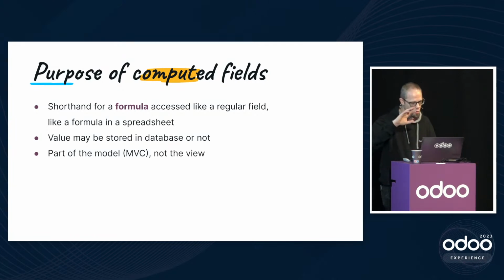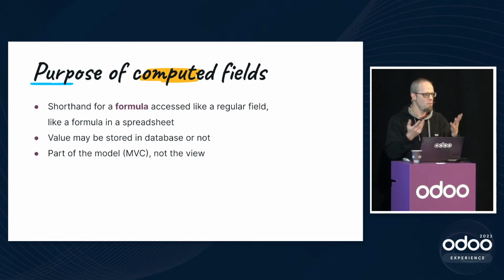And what's specific here is that it's not just something computed in the user interface. It's actually defined explicitly by the model. So it's part of the model in terms of model view controller. It's not in the view, it's not a controller, it should be part of the model. And that's the point: from an API point of view, it's just another field.